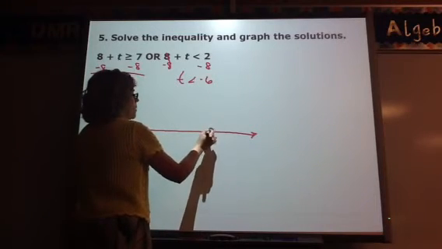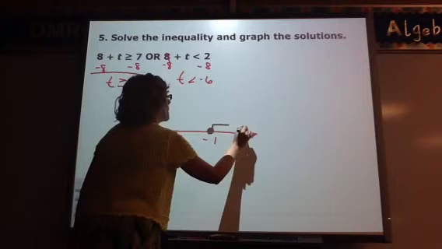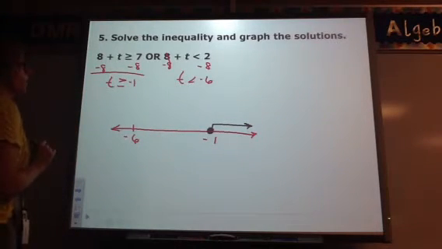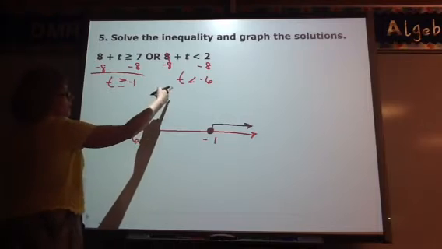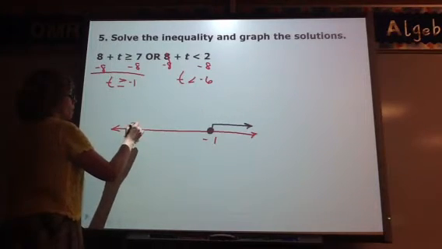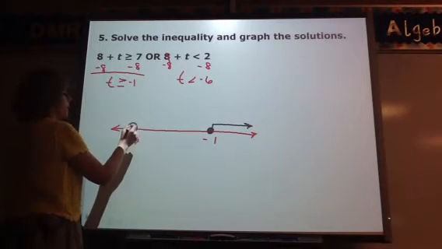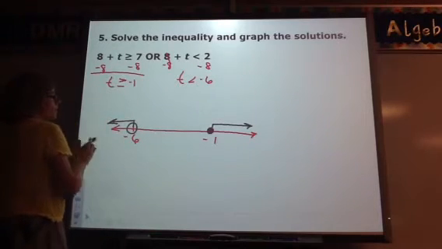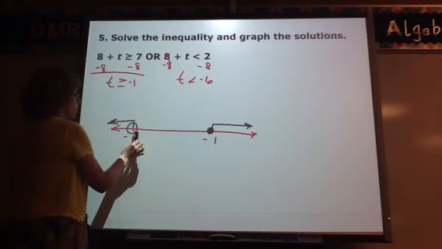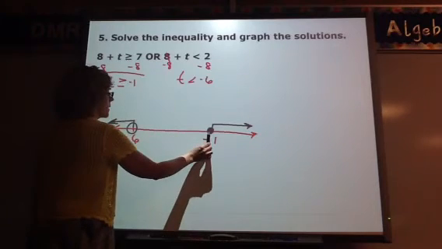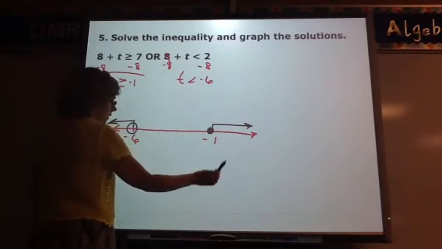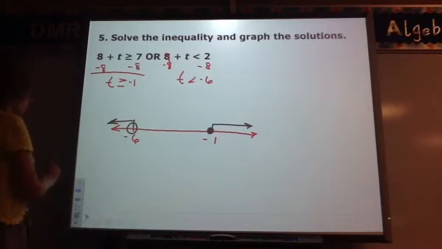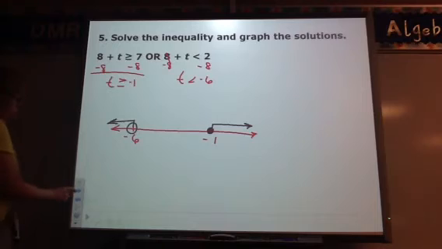Greater than or equal, I'm going to include that -1, and your solution set goes to the right because it's all the numbers greater. t is less than -6, open circle, I'm not going to include -6, and it's to the left. So all real numbers between -6 and -1, but not including -1, are not part of your solution. This is an example of how you graph compound inequalities with or.